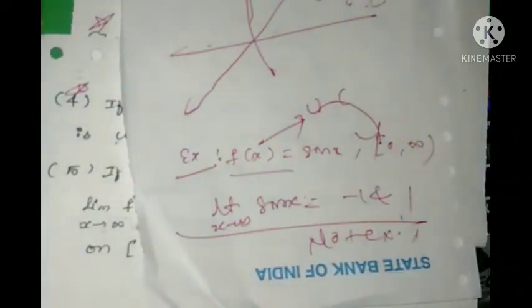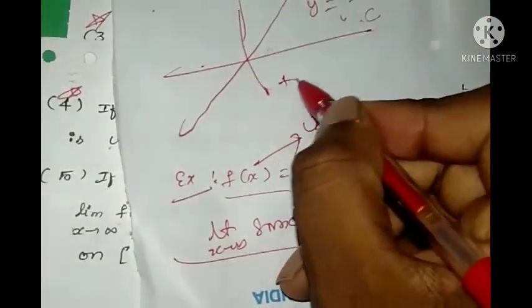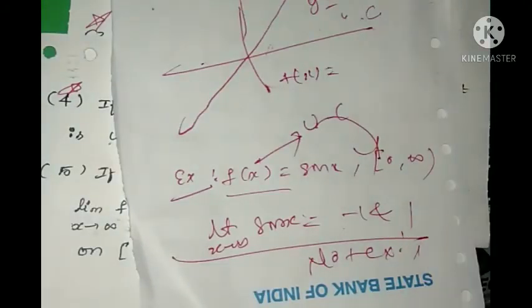Otherwise, I give another trick to check uniform continuity. If the given function satisfies a Lipschitz condition, then we say that the given function is uniformly continuous.